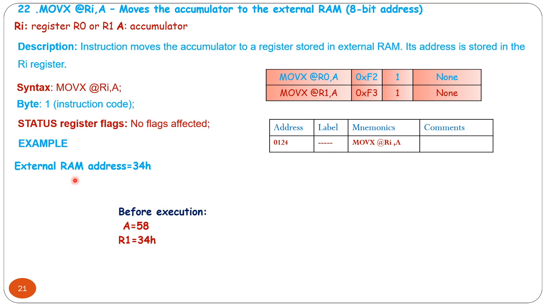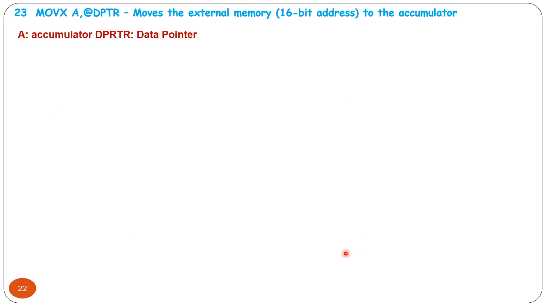We are assuming here that before execution the content of accumulator is 58H and R1 is having 34H, and that 34H content now gets changed. The external memory 34H now has the content 58H. So this accumulator content moves to the external memory whose address is 34H. In this way this instruction gets executed.